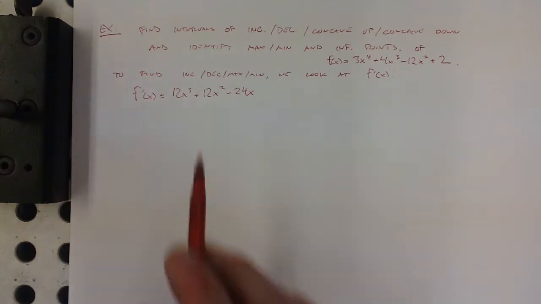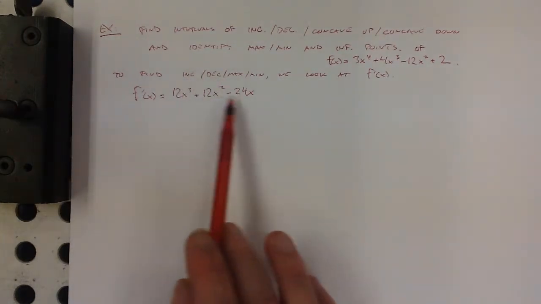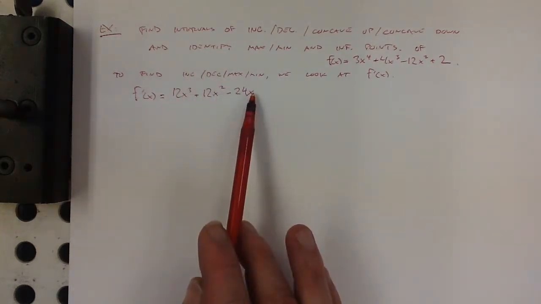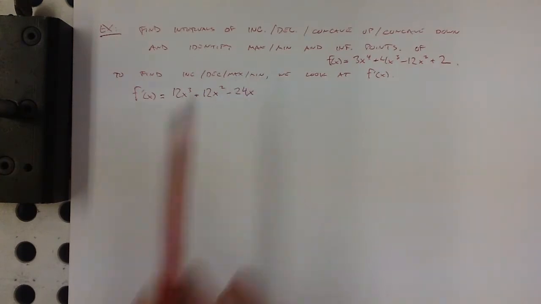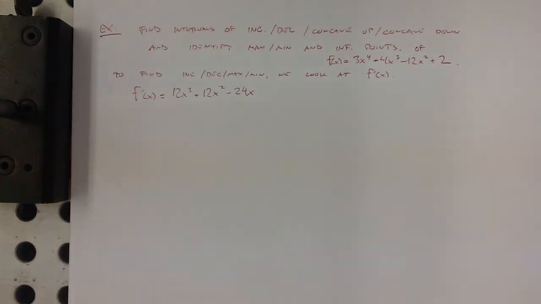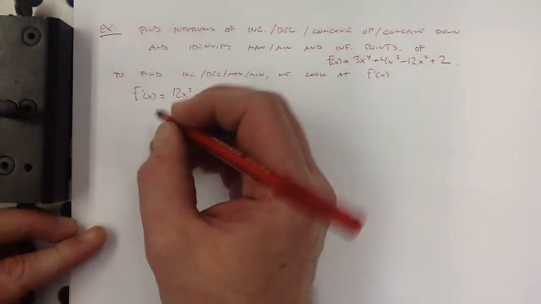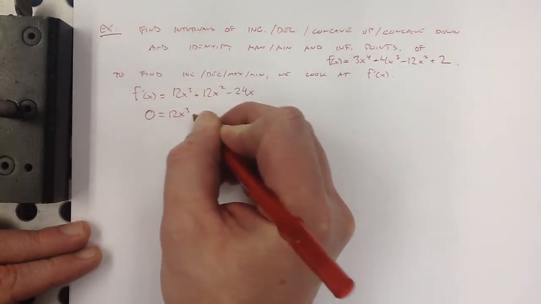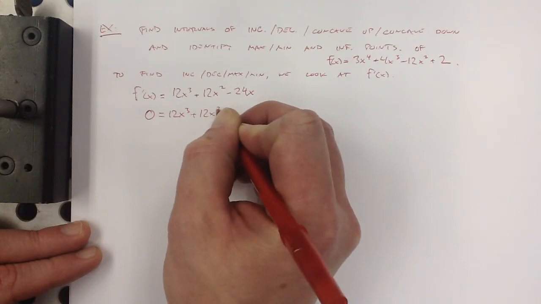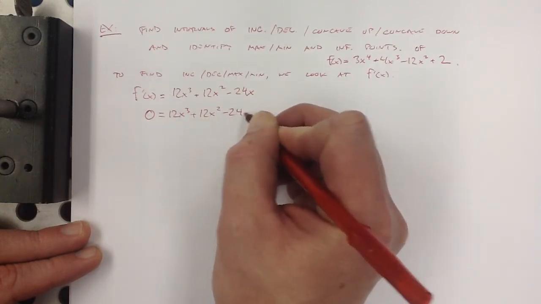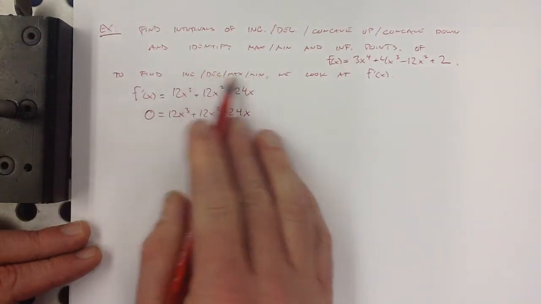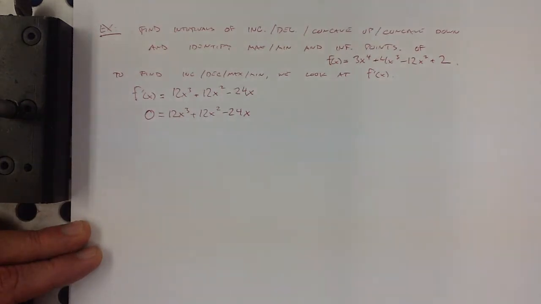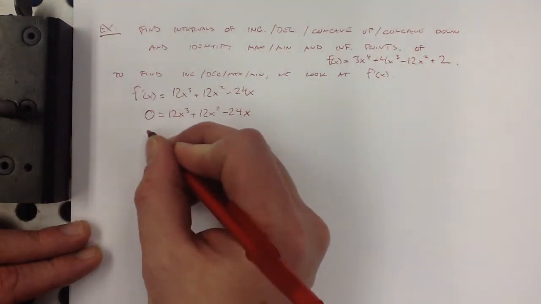Now for increasing and decreasing, we're interested in where this is positive and negative, and for maximums and minimums, we're interested in where it's equal to 0. So what I'm going to do is set this equal to 0 and see if I can identify those points where the sign changes. Right? We're all about where the sign changes here.